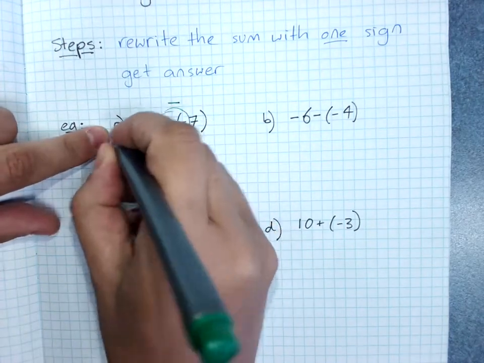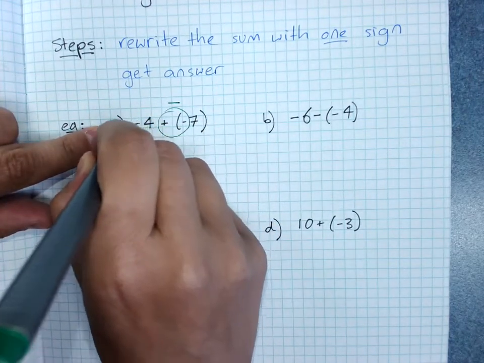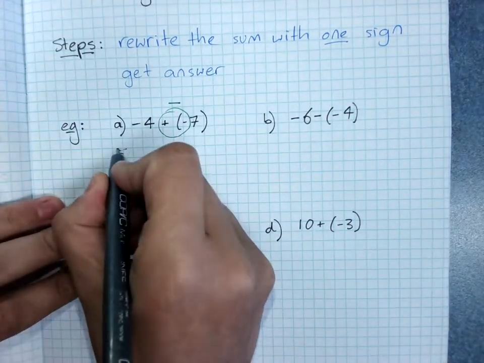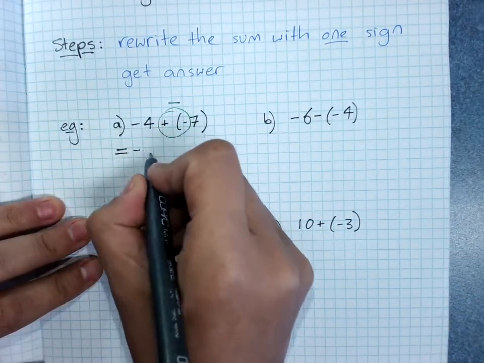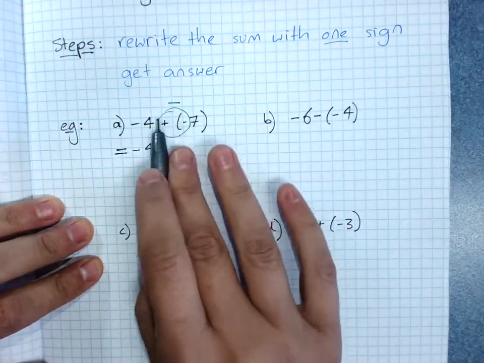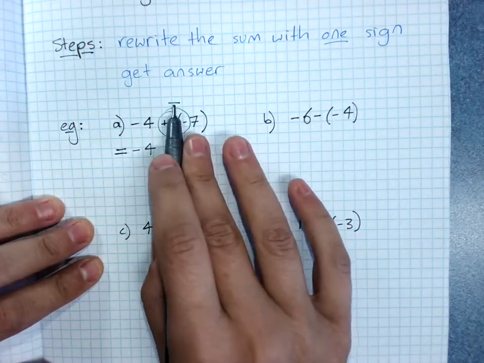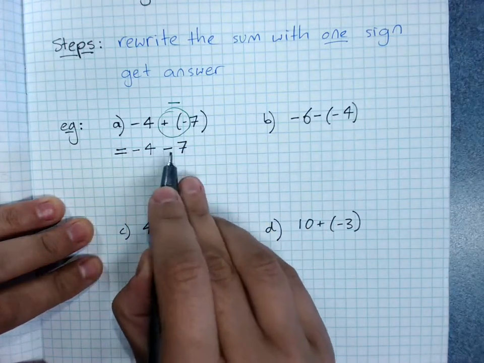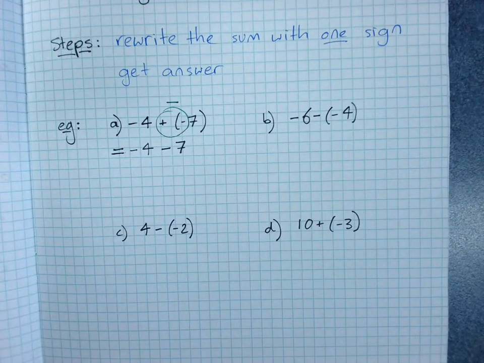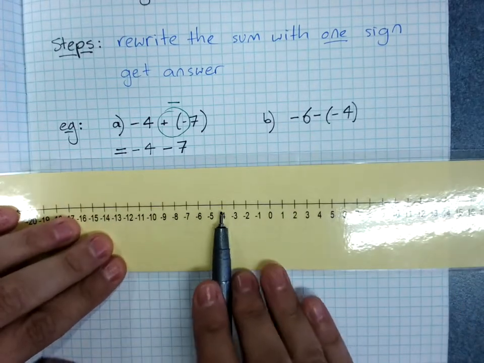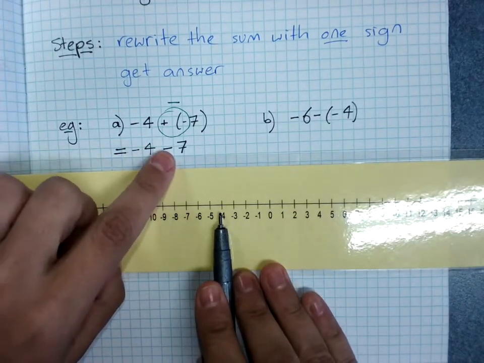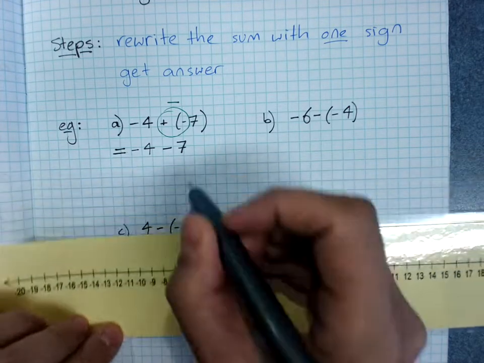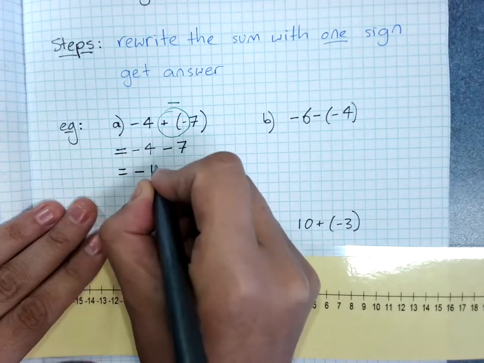Underneath, move to the side a bit and put an equal sign. -4, but the only thing we change is this plus negative is take away. -4 minus 7. If you need your number line, you do it. -4, and we're taking away 7. 1, 2, 3, 4, 5, 6, 7 equals -11.